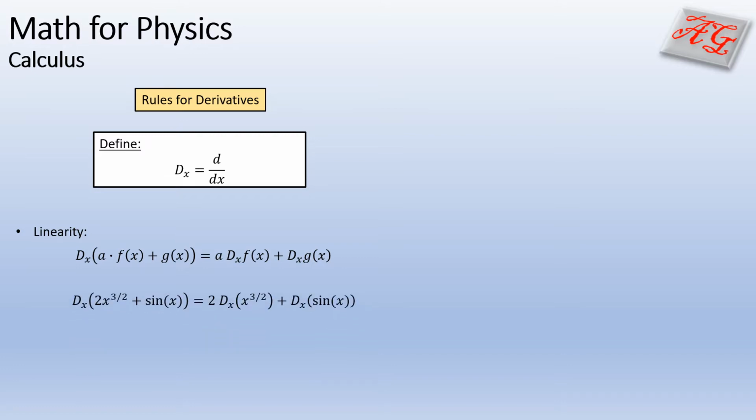For example, the derivative with respect to x of the sum of 2 times x to the 3/2 plus sine of x is 2 times the derivative with respect to x of x to the 3/2 plus the derivative with respect to x of sine of x. That, after some simplifications, yields 3 times x to the 1/2 plus the cosine of x.